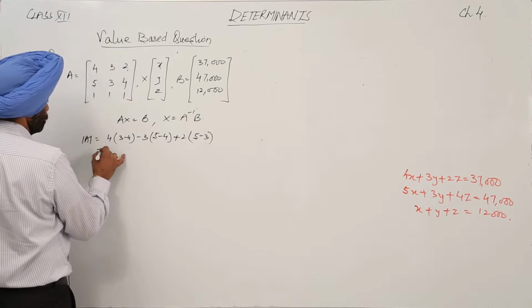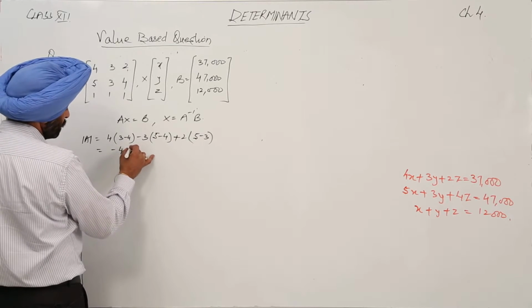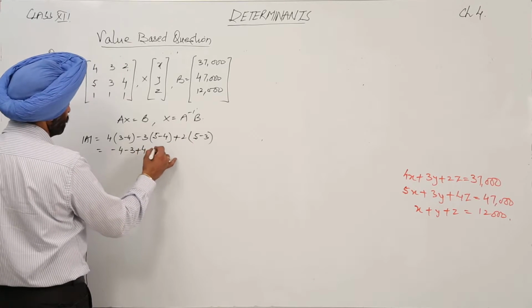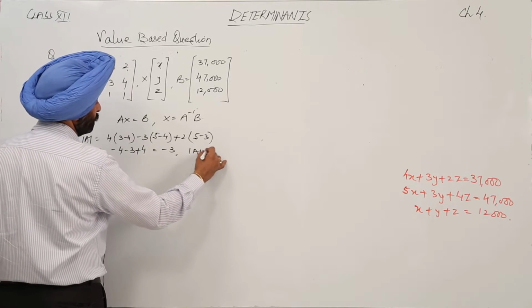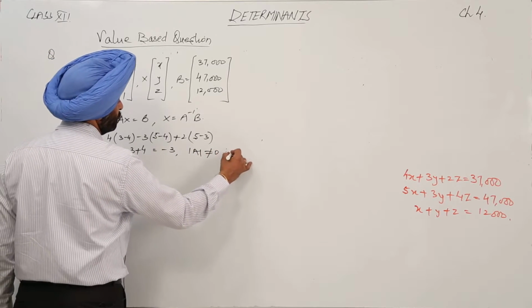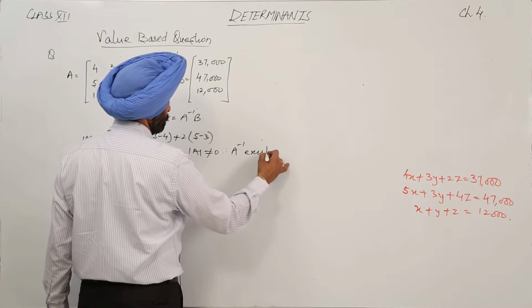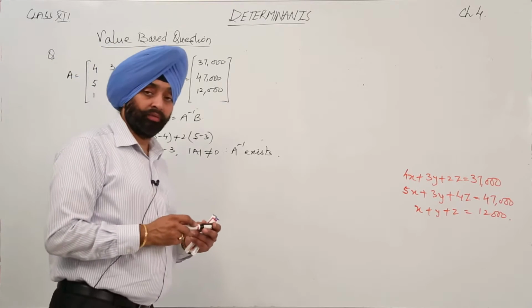This becomes minus 4, minus 3 and plus 4, so we have minus 3. Now determinant of A is not equal to 0, therefore A inverse exists. This is the first basic step which we have done.